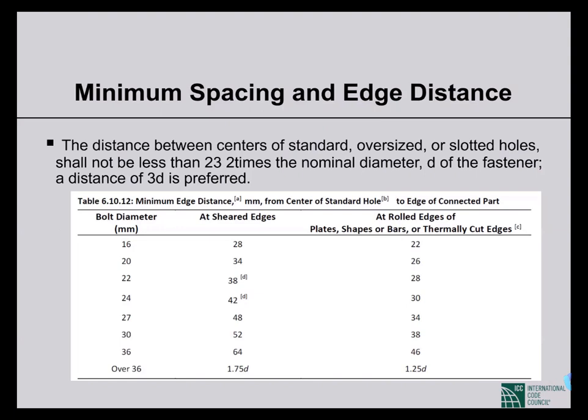It is not created afterwards by cutting the plate. So depending on the type of the edge, we have different minimum edge distance. When the edge is created by cutting a plate, then we have to leave more space between the bolt hole and the edge. Okay, so this is very important. For built-up sections, we have to be very careful because built-up sections are usually produced by cutting plates.